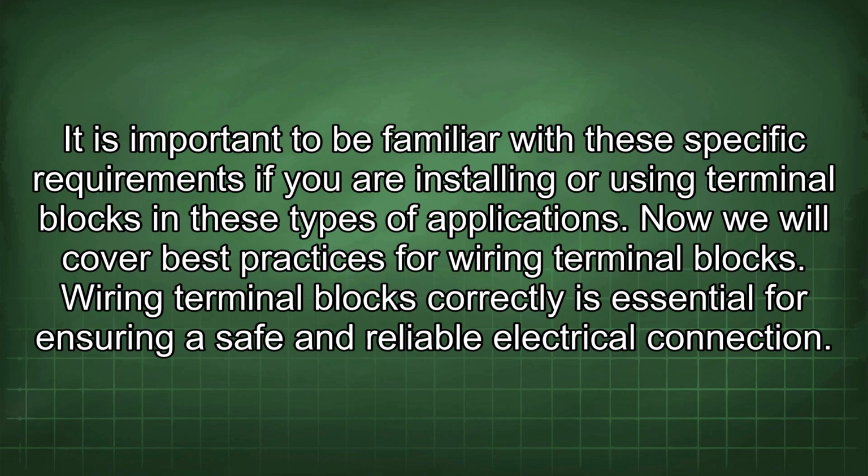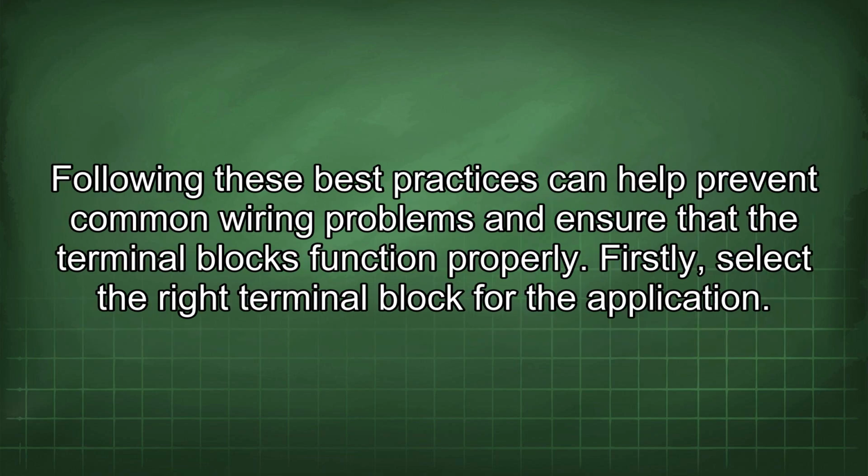Now we will cover best practices for wiring terminal blocks. Wiring terminal blocks correctly is essential for ensuring a safe and reliable electrical connection. Following these best practices can help prevent common wiring problems and ensure that the terminal blocks function properly. Firstly, select the right terminal block for the application.